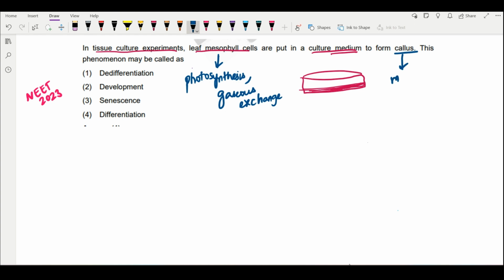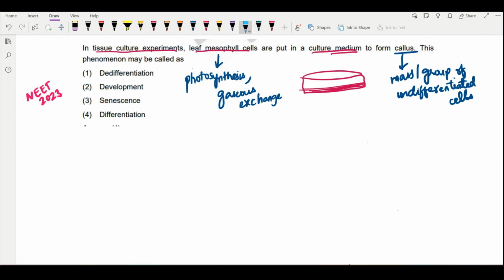Callus is a mass or a group of undifferentiated cells. That means these cells continuously divide. They do not have any specific function. They are not specialized to perform any specific function. So they continuously divide. So in tissue culture experiments, when a leaf mesophyll cell is put in a culture medium, it forms callus. So this phenomenon is called what?